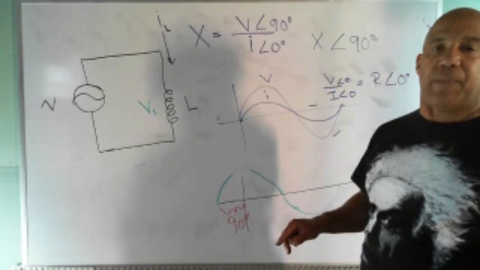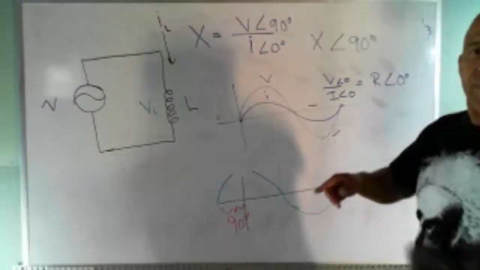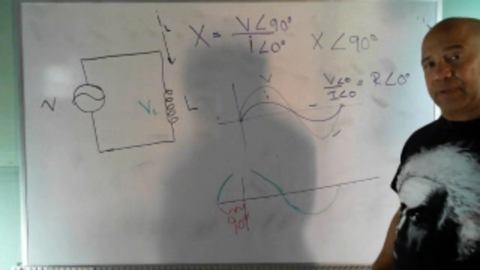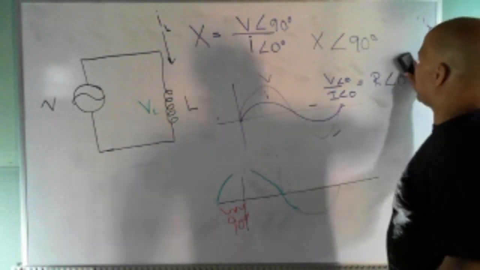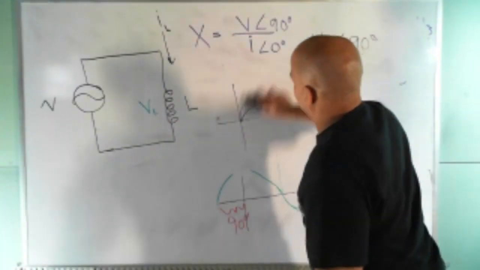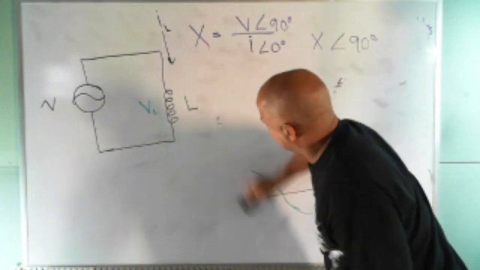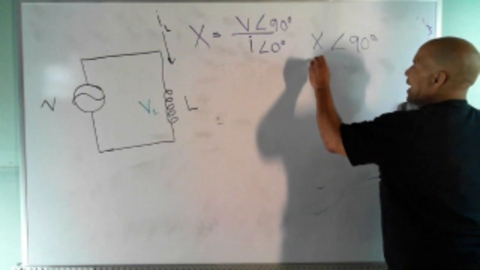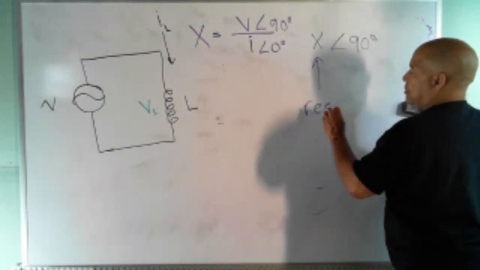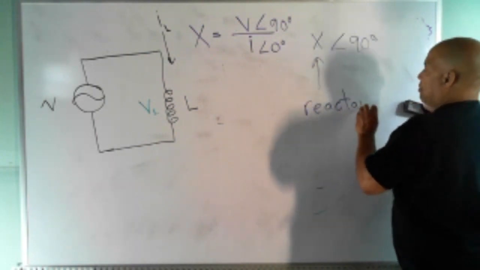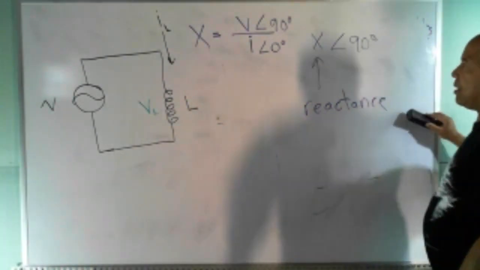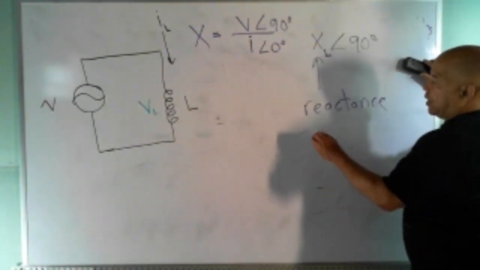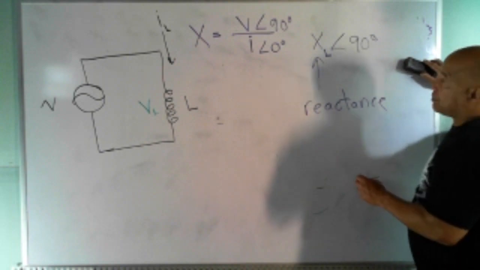It's an imaginary number. So I can't use a regular axis to represent it. I got to use a complex number to represent it. And so let me just name this X. This opposition from an inductor is called reactance. And usually what they do is they'll put a little L here for inductor. This is the inductive reactance.